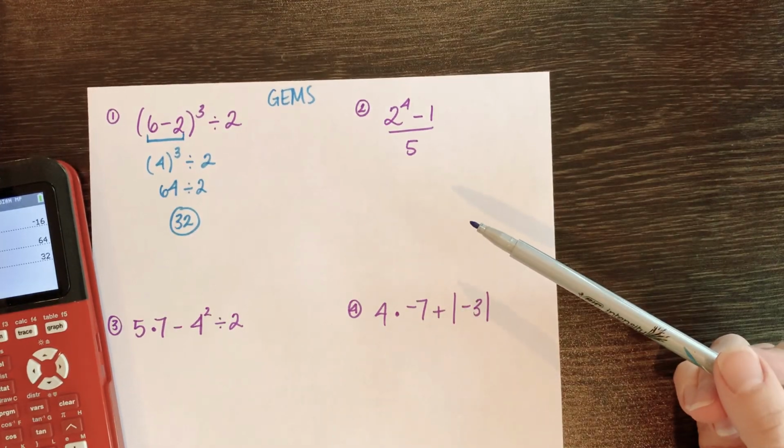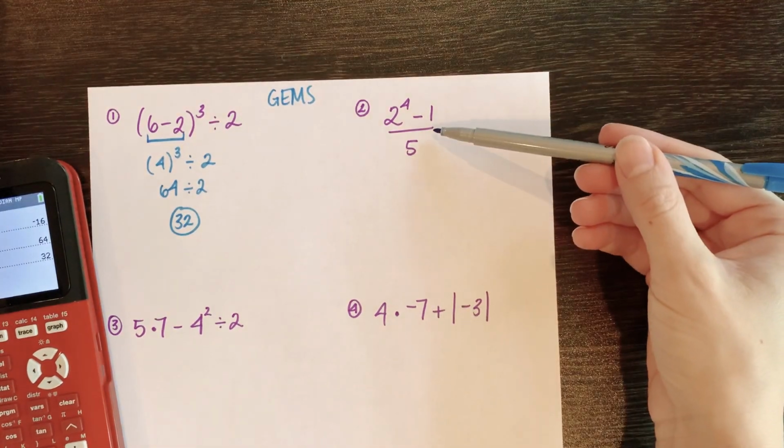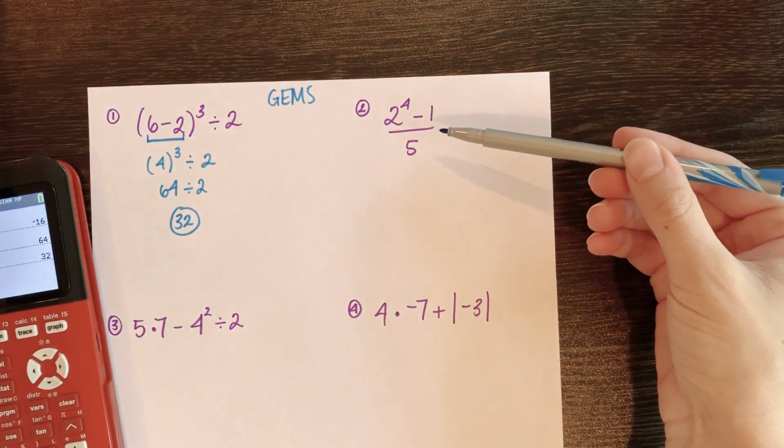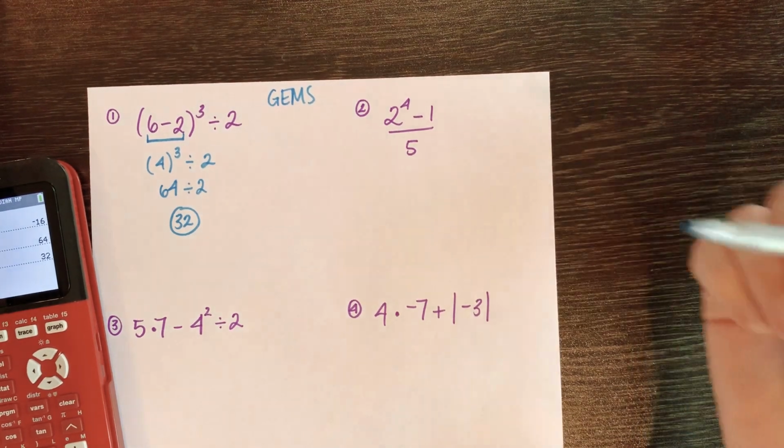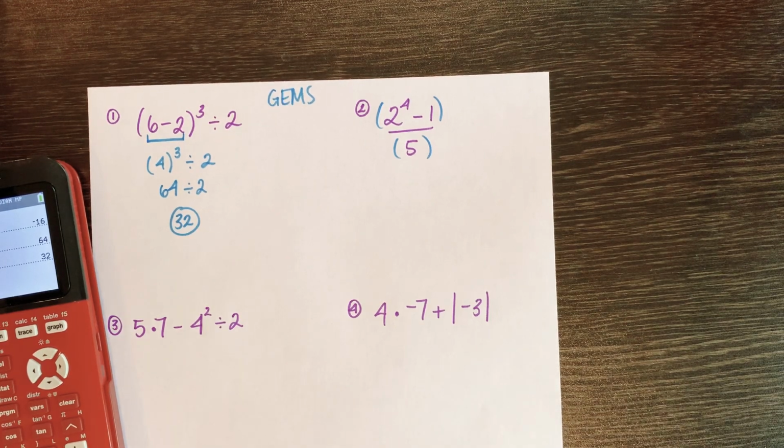If you look at number 2, and again, this is why I kind of like GEMS, G is grouping symbols, which includes that division bar. Because when you have a division bar, it's essentially like you have parentheses around everything in the numerator and then everything in the denominator.